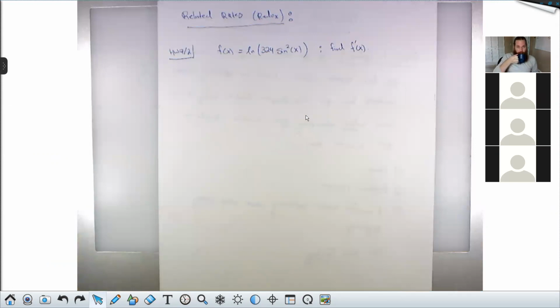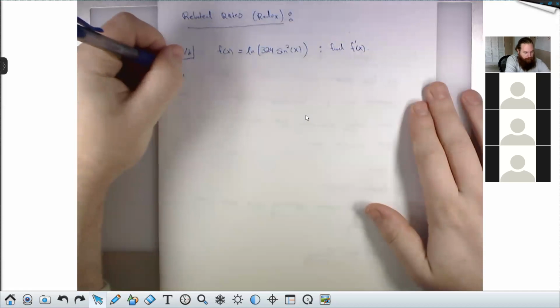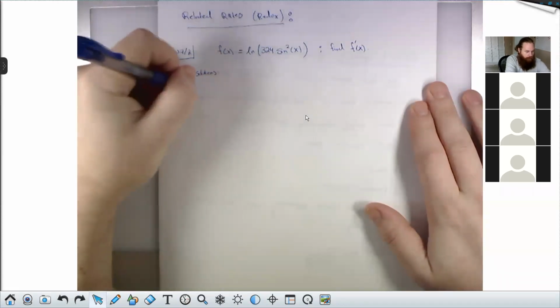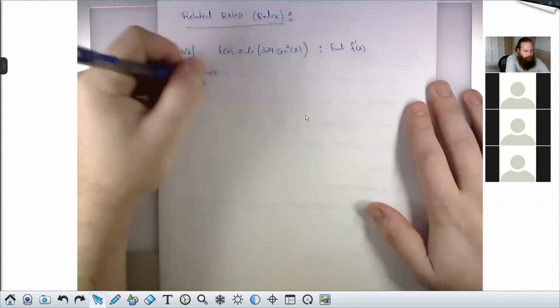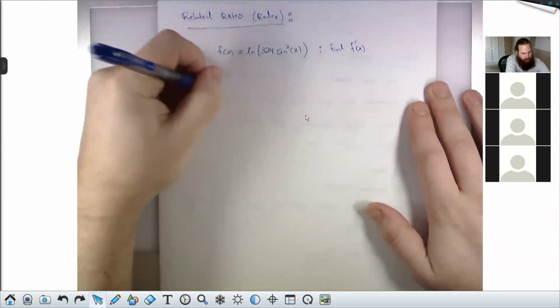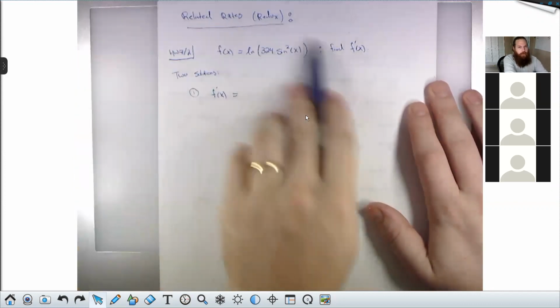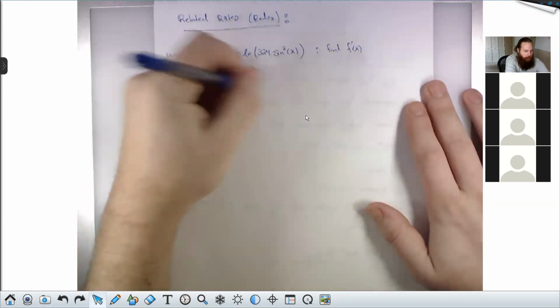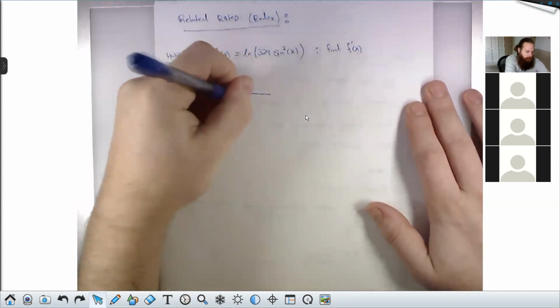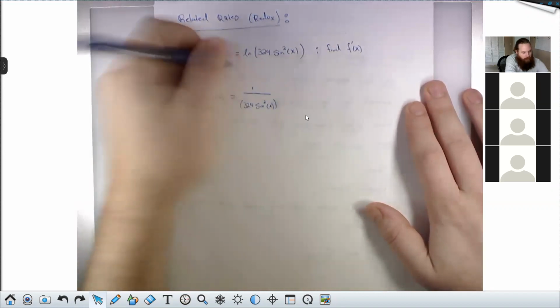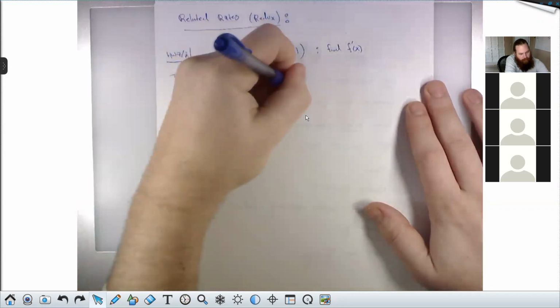There's a couple ways we could go about this. So 2 solutions. I could dive in with the chain rule. If I want to differentiate this natural log, that's always going to be 1 over the inside times the derivative of the inside.